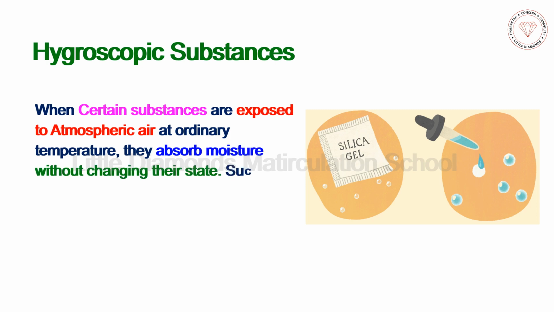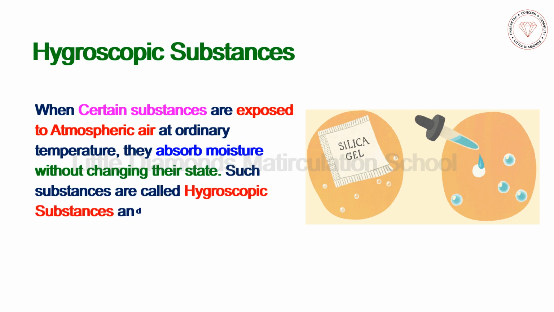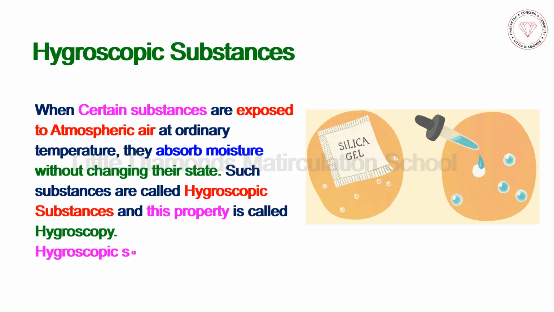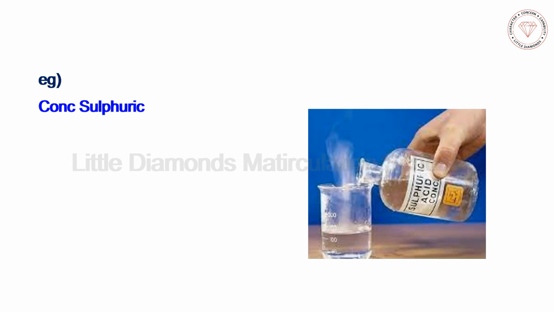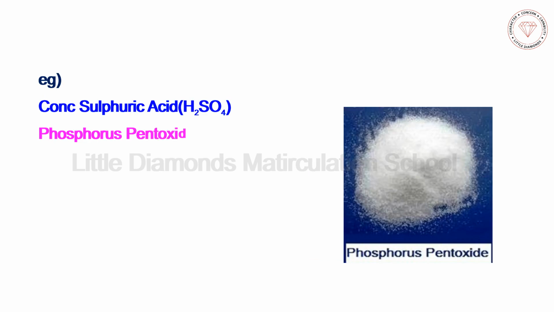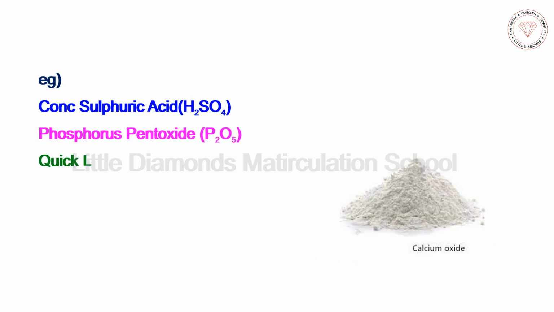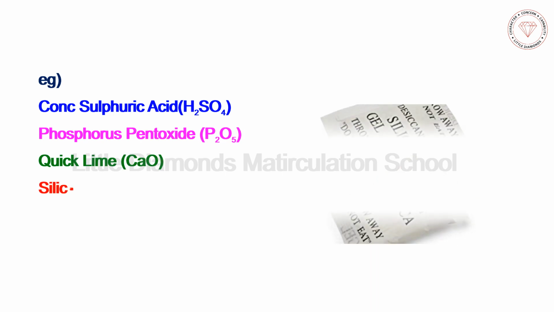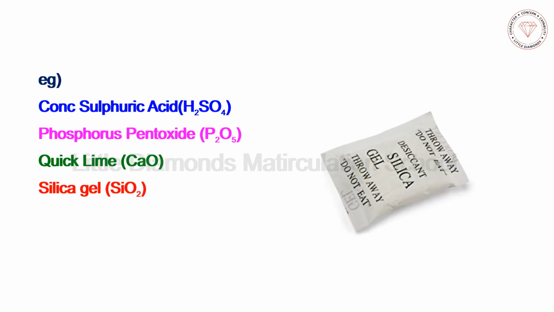Such substances are called hygroscopic substances, and this property is called hygroscopy. Hygroscopic substances are amorphous solids or liquids. Example: concentrated sulfuric acid H2SO4, phosphorus pentoxide P2O5, quicklime CaO, silica gel SiO2.